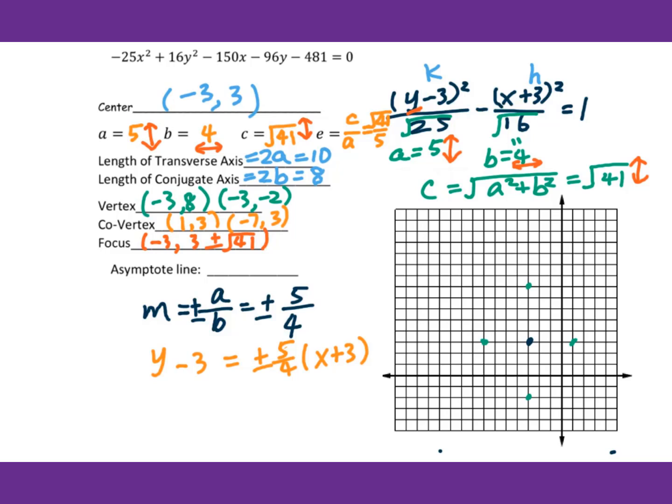Then we will form a rectangle. Then you need to draw the diagonal lines as our asymptote lines.